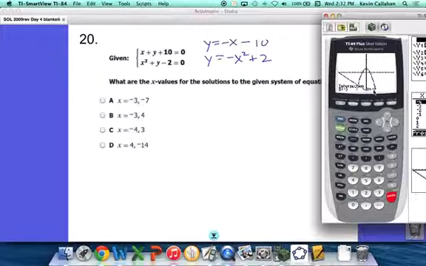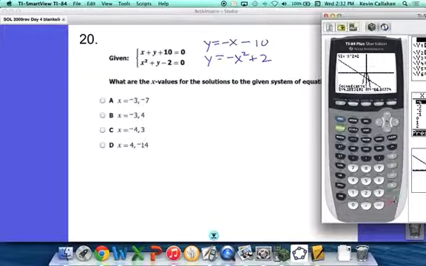Zoom out. If you don't see it there, just do this. Go zoom, and zoom 3 is zoom out. And now it really pulls back a lot, but you can see the intersection point. So now I can do the second trace and intersect 5. This time I'm going to scroll over to the point I didn't already get. So it's closer to that.